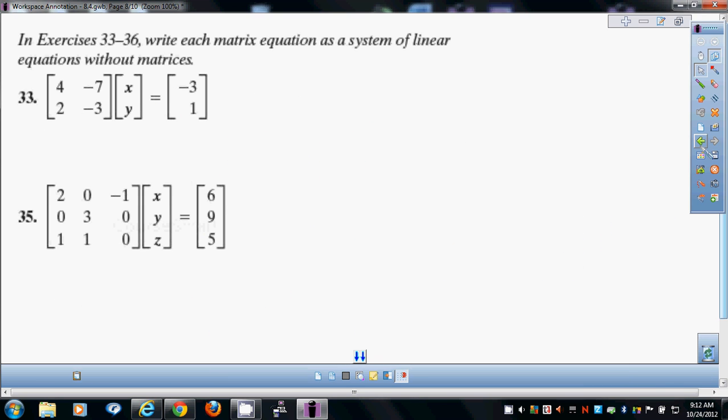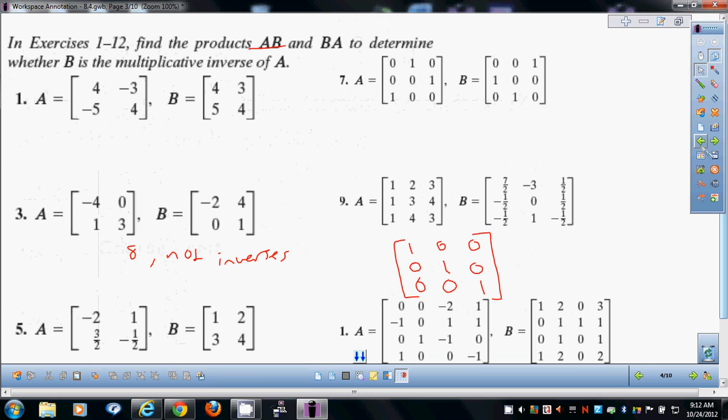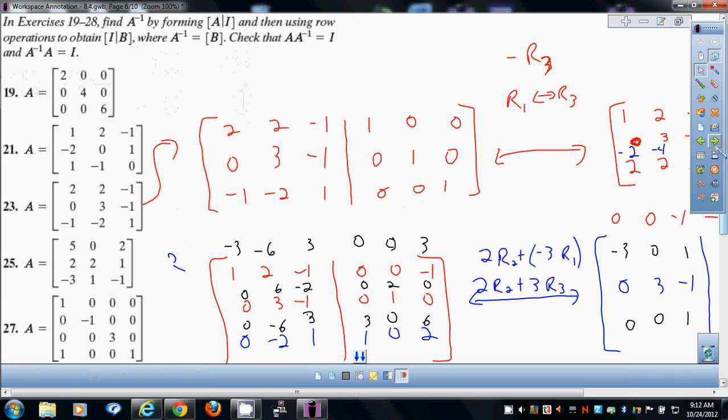Let me make sure I don't leave a section out. Are there more than 4 problems in every section? You would have to do at least one of those. All right, I know what I'm going to do. 2 through 18, even, and then 24.